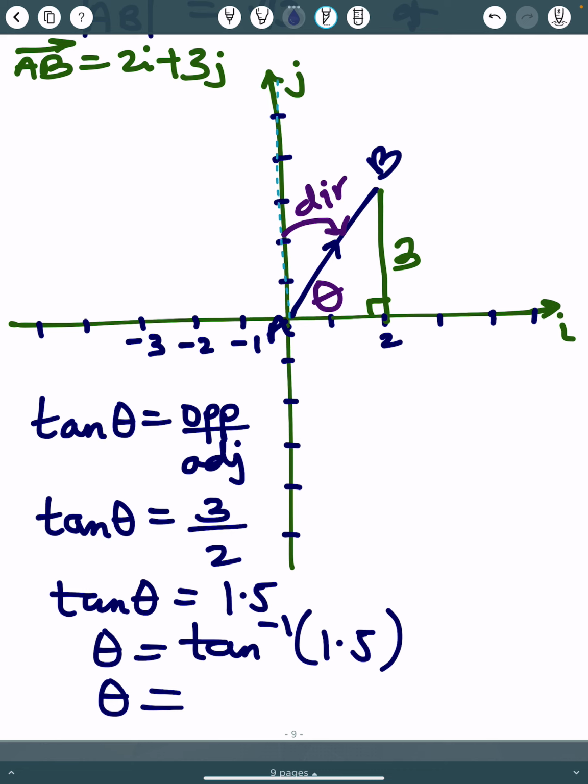Also on the j-axis, 1, 2, 3, 4, 5 upwards, and -1, -2, -3 downwards here on j. Now vector AB has 2 units on the horizontal axis, and what? 3 units on the vertical axis. So I can express the vector like this: 2 units here, 3 units here.